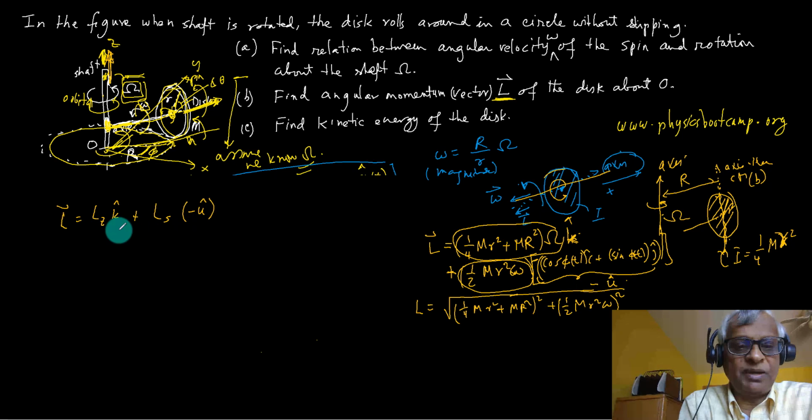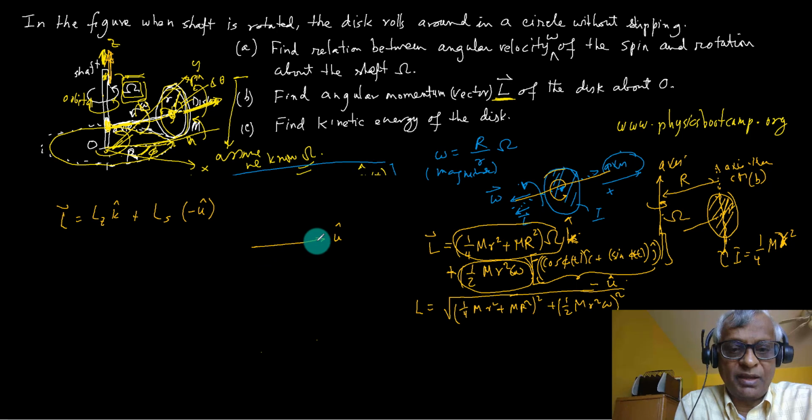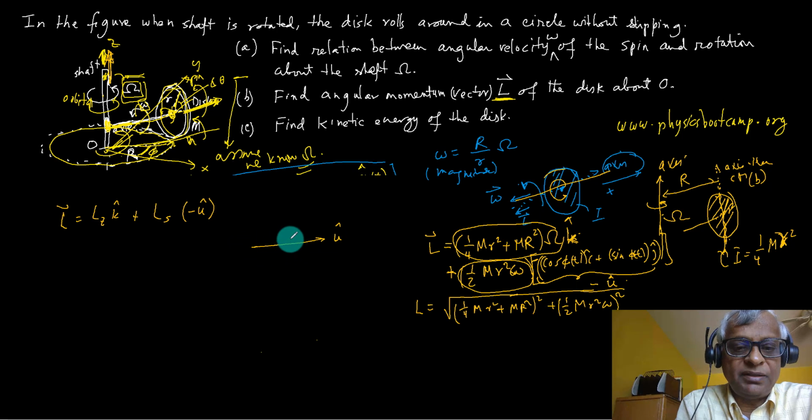So we have this: u hat is in, say, the xy plane, so this is u hat, and minus u hat is in that direction. So this is where the shaft is, this way. So this is u hat, and k hat is in that direction.